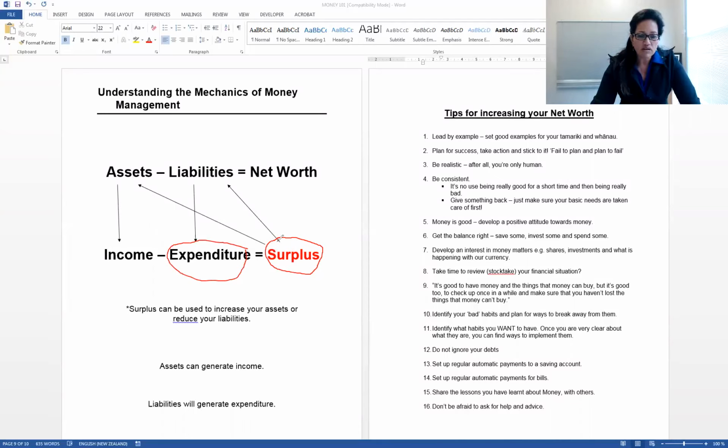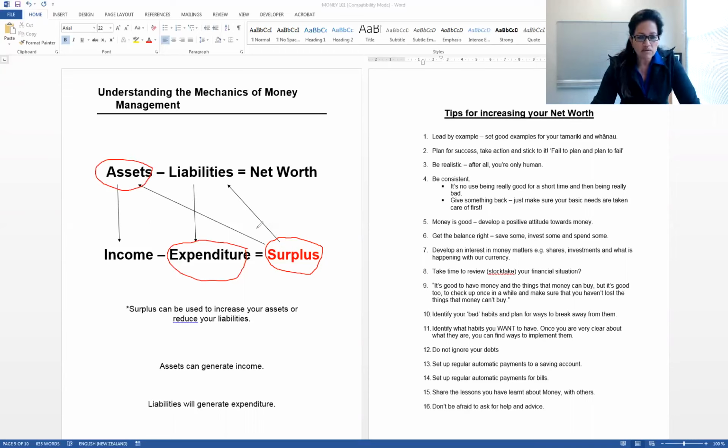But knowing she's got this line up here, the assets minus liabilities line, what she can also do is use some of that surplus to create more assets for her.